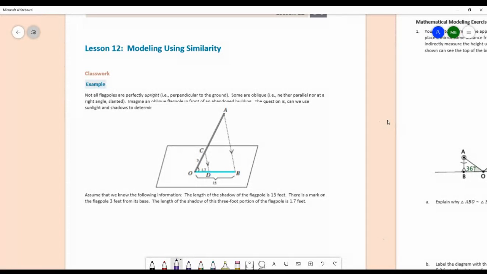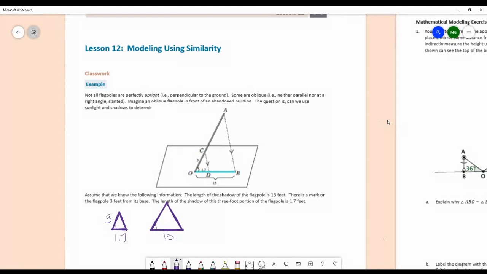Well, let's go ahead and I'm going to draw 2 smaller triangles. They're not going to be perfect, but they're going to be triangles. And the first one right here, we had a 3, and it was 1.7. And on this one, we don't know the length, but we know this one is a 15. But what else do we know? As you're taking a look at this, you can see that this angle O is the same in both triangles.